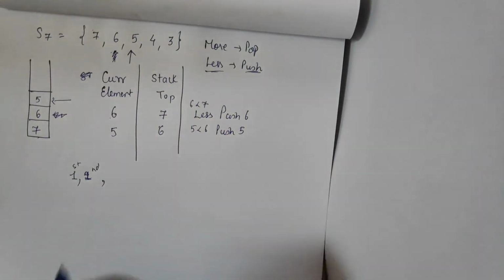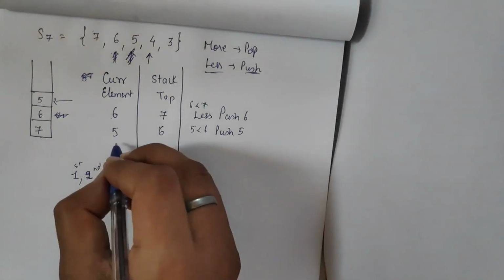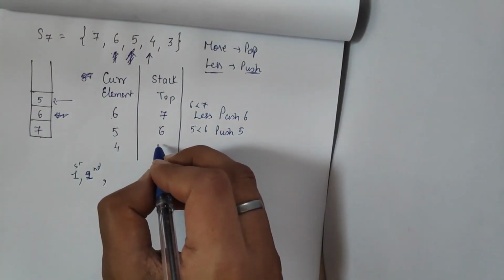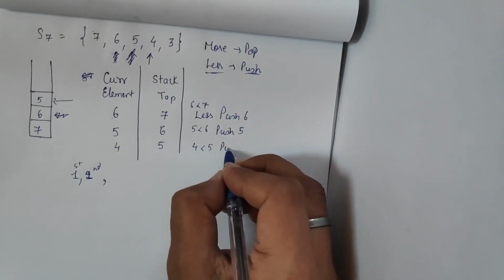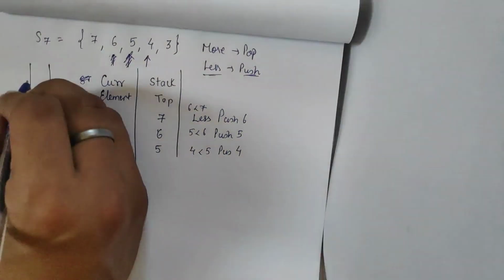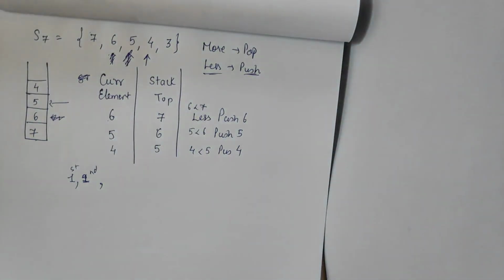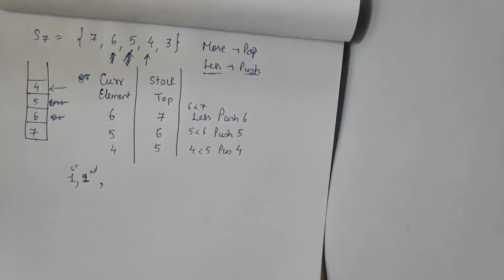Right? Now what happens? The current element becomes 4. And what is the stack top? Stack top is 5. 4 is less than 5. Right? Less is push. So push 4 onto the stack. Now 4 is the stack top.